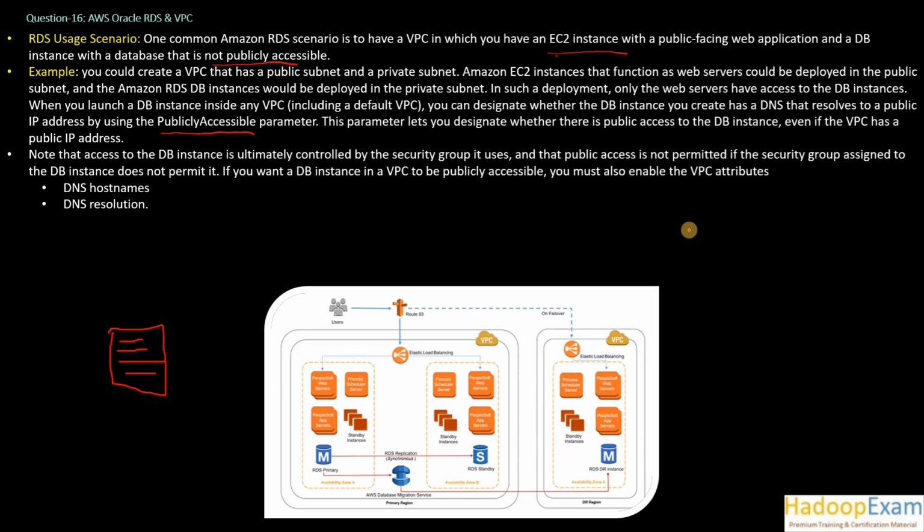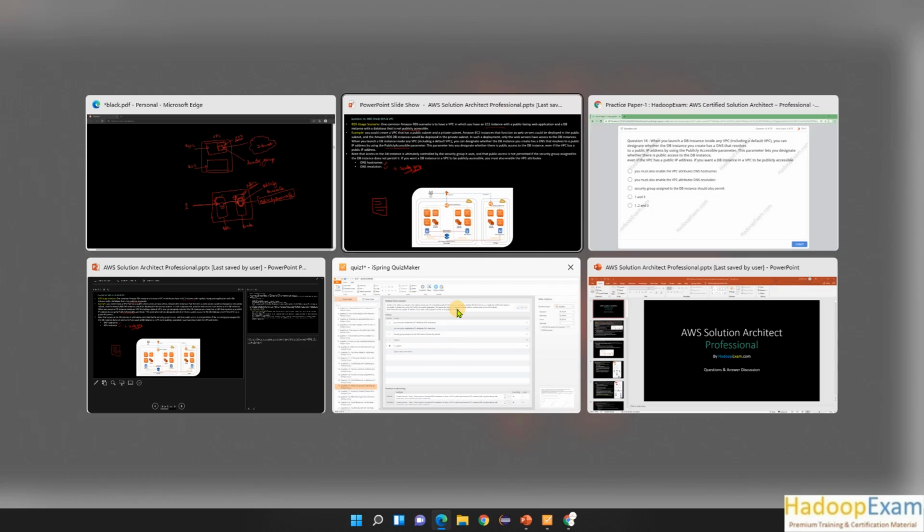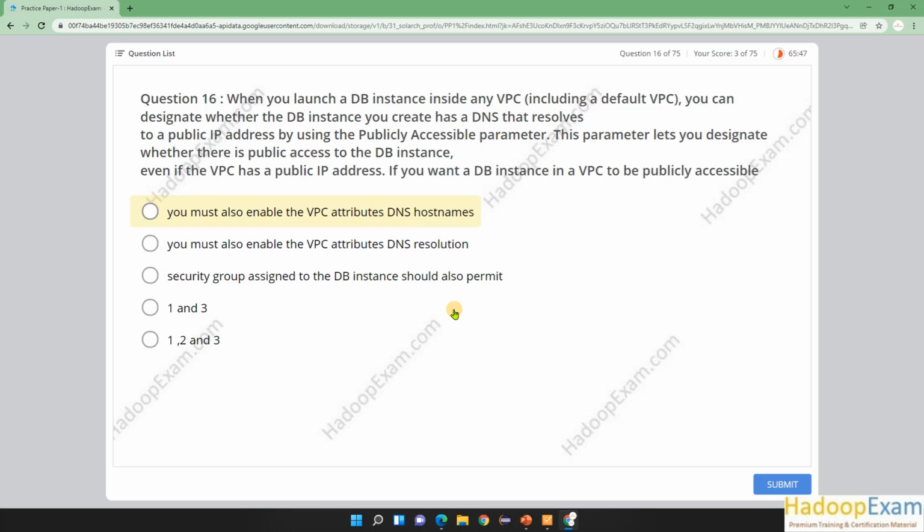If you want a DB instance in a VPC to be publicly accessible, you have to set up these two attributes, DNS hostname and DNS resolution, and the security group needs to be updated as well. So the answer to this question is that you must set DNS hostname, you must set DNS resolution, and then you need to assign the security group properly so that it can be publicly accessible.